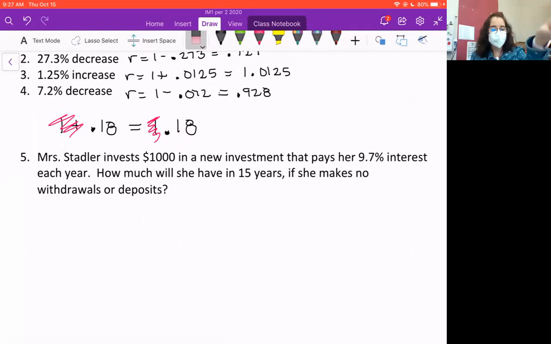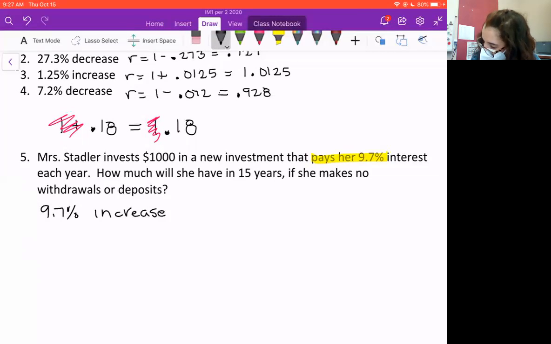Okay, Mrs. Stadler, I'm going to invest $1,000. Lucky me, I have $1,000 to invest. And my investment is going to pay me 9.7% interest. That means I am going to get a 9.7% increase. That's what paying interest means. So I am going to earn a 9.7% increase on my money.